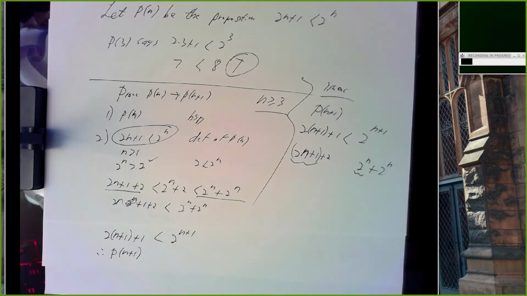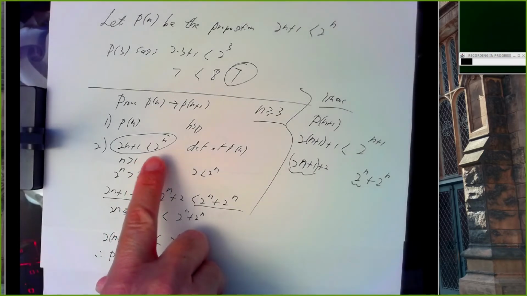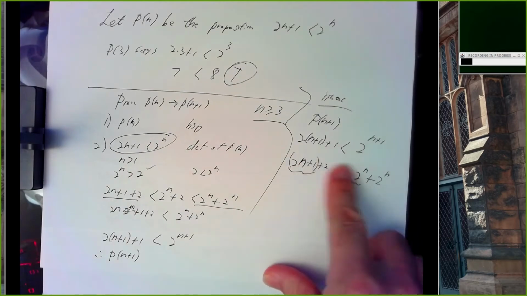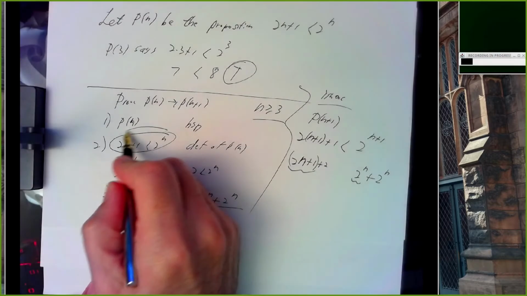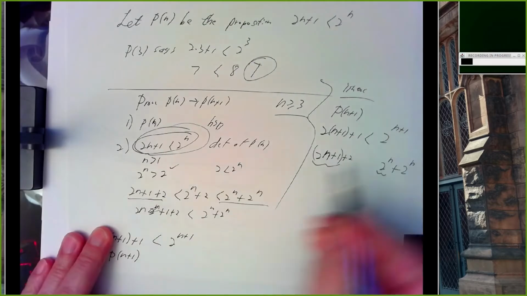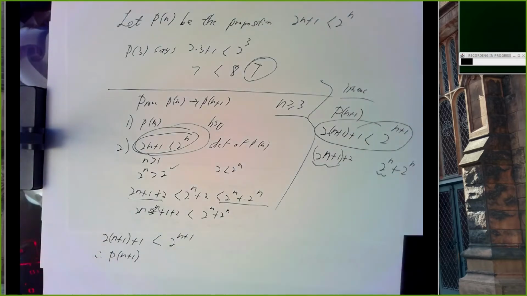So the particulars for a given problem will be different. But the general idea is write down what you know, inequality, equality, whatever. Think about what you're trying to show, and then just stare, right? I've got this. I want to get this. And inequalities are usually easier than equalities.